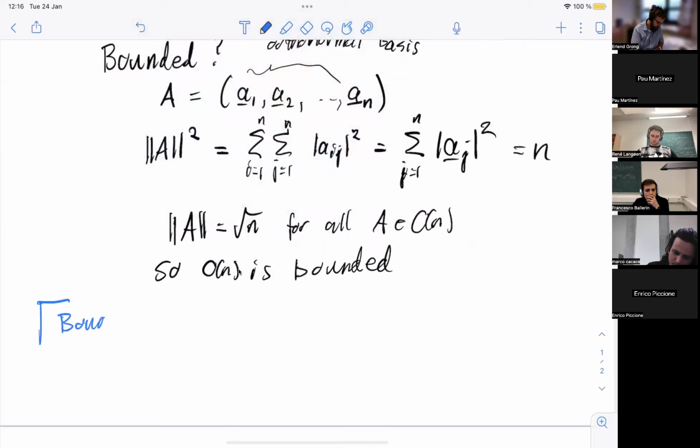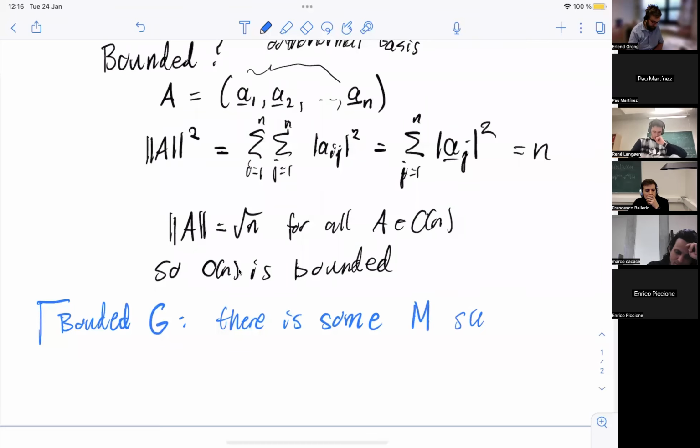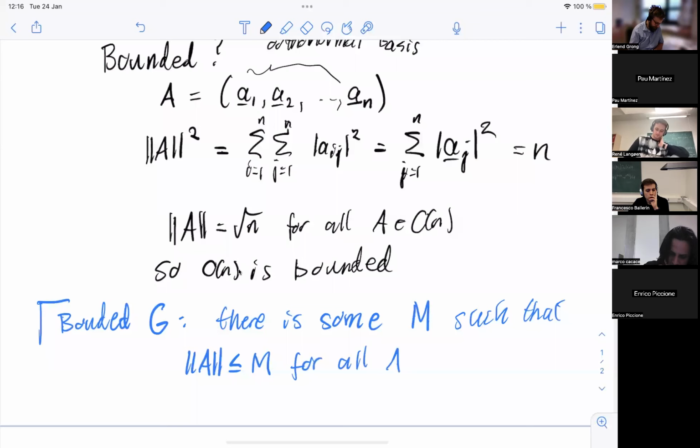So G is bounded means that there is some, let's put large M, even though it could be confused with matrices, such that this norm is less than or equal to M for all A in G. That's what bounded means: in this norm, you can't have an arbitrarily large norm.